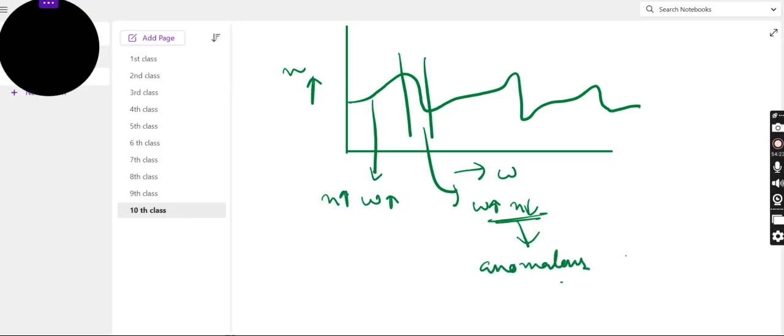Anomalous dispersion, and this is called normal dispersion.